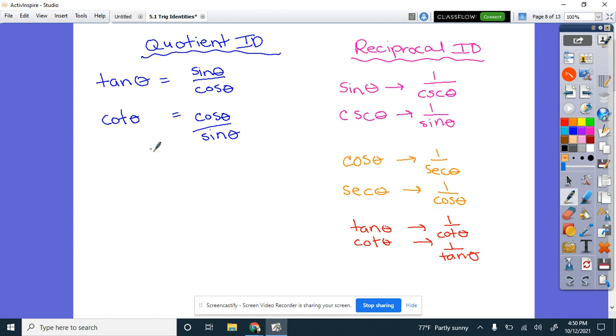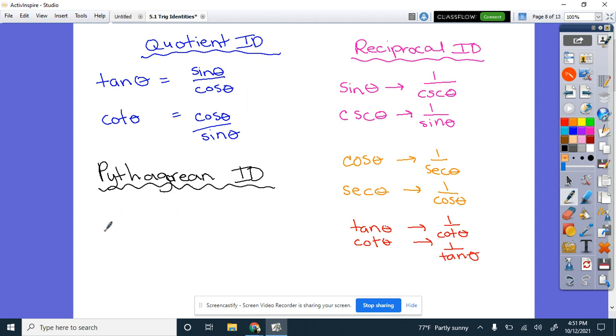Now I'm going to go ahead and introduce the Pythagorean identities. These are ones that some of you gasp at, and it's okay. We'll get to it. Pythagorean identity, that should maybe be a light in your head. Pythagorean, just like Pythagoras, Pythagorean theorem. Think of ancient Greece. There are three main Pythagorean identities.